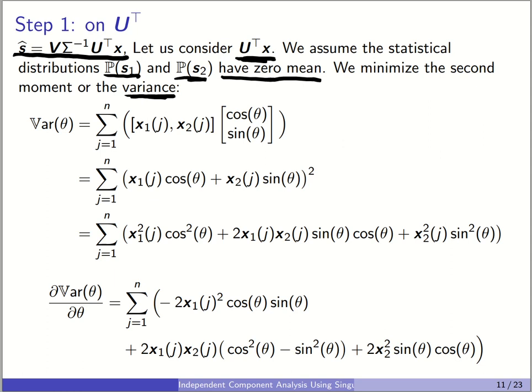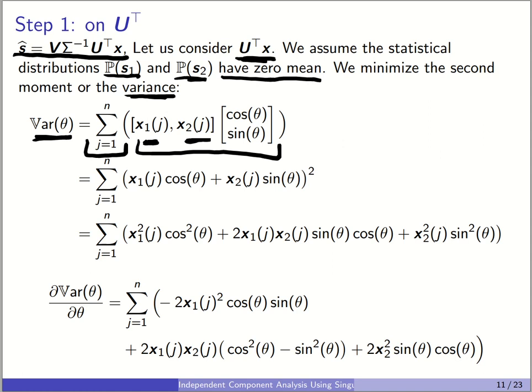The second moment, or the variance, we have here is a function of theta, and this shows the rotation of a matrix. So for x1 and x2, we are summing over all; assume we have n samples of these measurements. For example, microphone 1 and microphone 2, each of which records n samples, n voices of these two sources. So we have n samples of each, and then we sum over them.